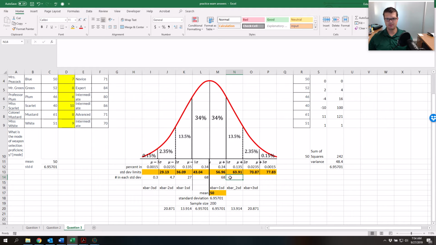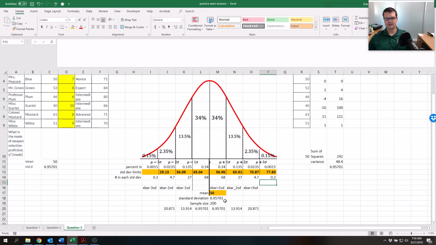Okay, and then same thing over here, equals 0.135 multiplied by the sample size. And then this one equals 0.0235 multiplied by the sample size. And then lastly, the exact same thing as the other side, equals 0.0015 multiplied by the sample size.